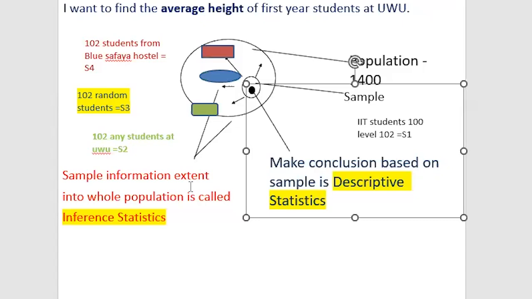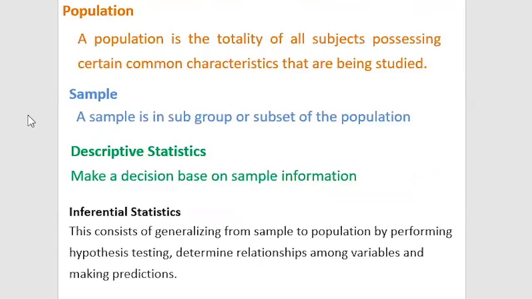Because of some limitations, we only consider the sample. Then every time, remember, it is necessary to discuss the population as well. The next slide also mentions what we mean by population, sample, descriptive, and inference.